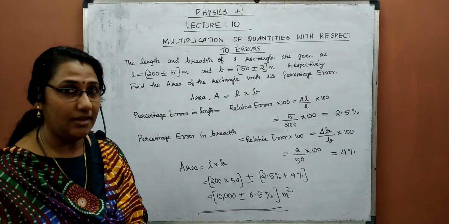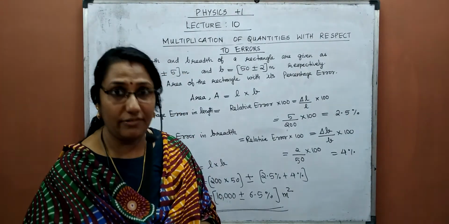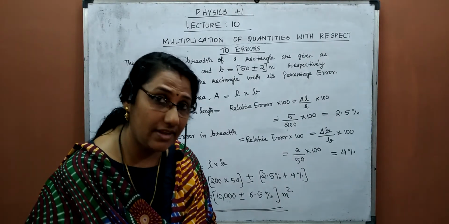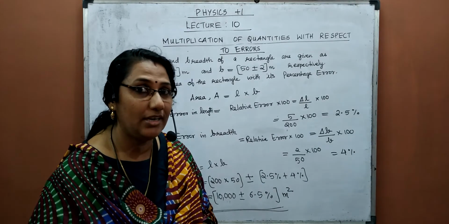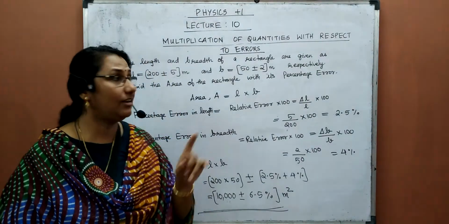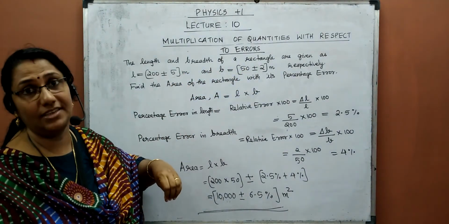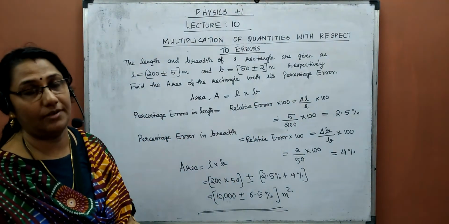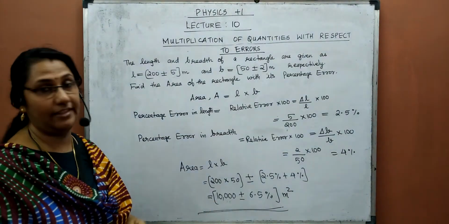For multiplication, the relative error of the product will be equal to the sum of relative errors of the quantities multiplied together. If percentage error is asked, you have to take the percentage error, relative error into 100, and then take the value.